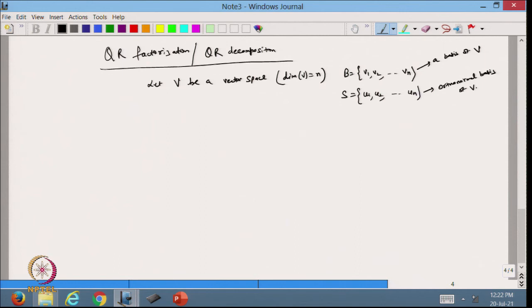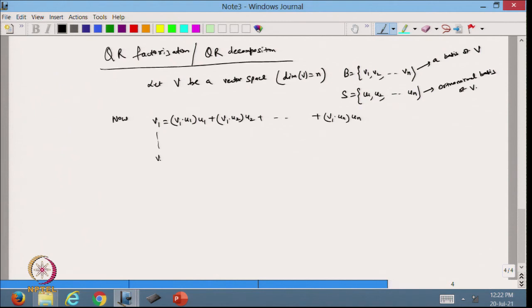Now, based on this, we can write again V1 as V1 dot U1 times U1, V1 dot U2 times U2, and in the end V1 dot Un times Un.